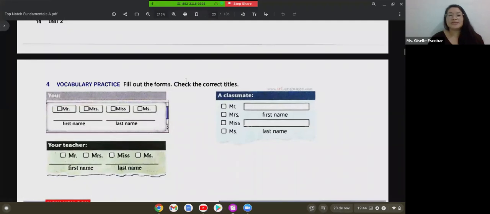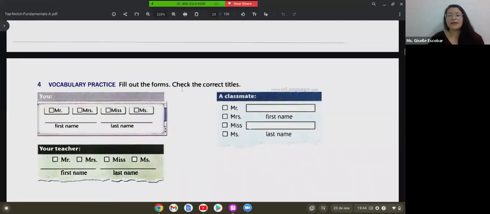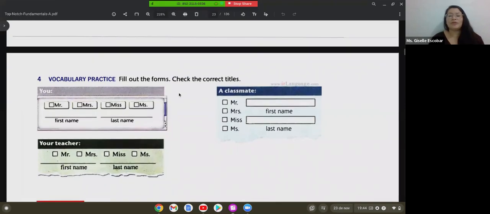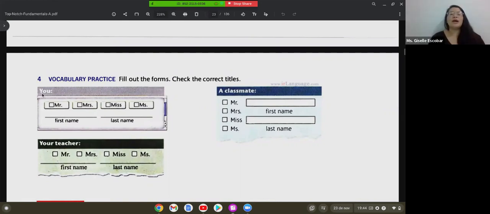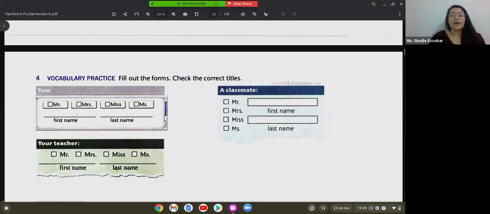So, lo que vamos a hacer en esta actividad, tienen un lápiz o algún lapicero y papel donde puedan escribir. Yes. Awesome. So we have here information about you, your teacher, en este caso sería yo, and a classmate. Sobre ustedes, su profesora y un compañero de clase. So what you need to do es que van a llenar esta información con sus datos.